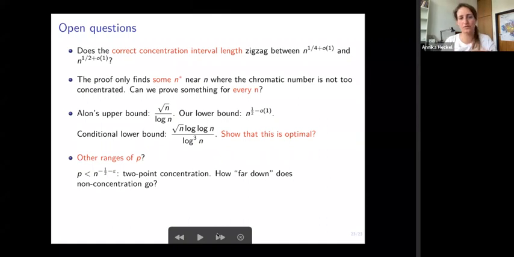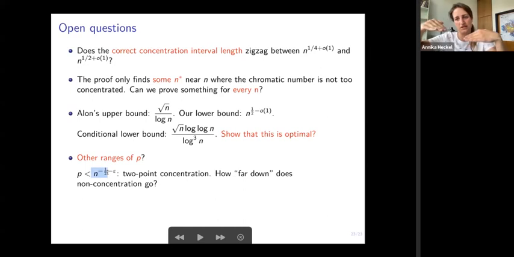And finally, all of this was about d(n) = 1/2. Most of what I've said also generalizes to other constant p. In particular, we can show that for every constant p, there are these long intervals of length n to the 1/2. Now coming up from n to the -1/2, we know here we have very narrow concentration.